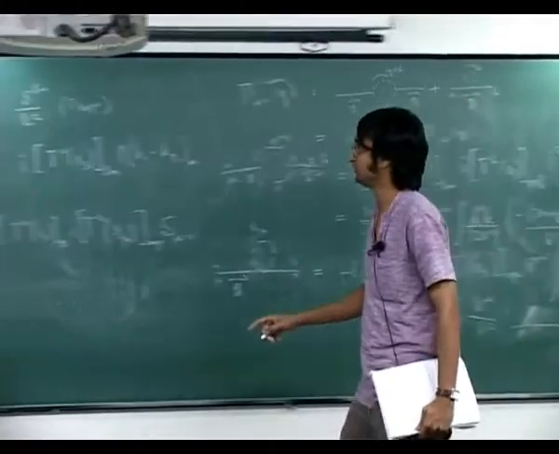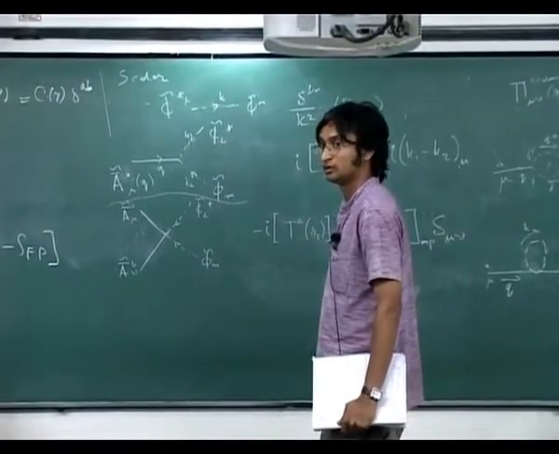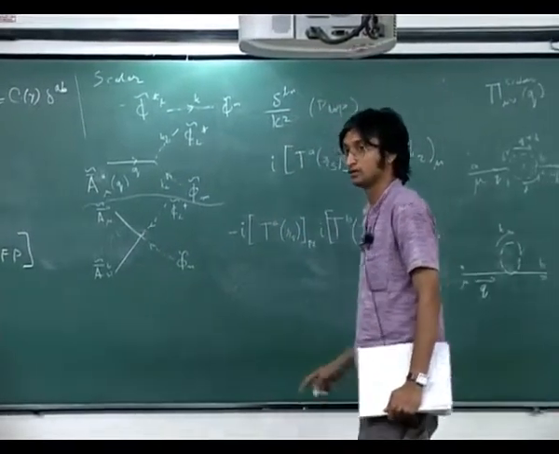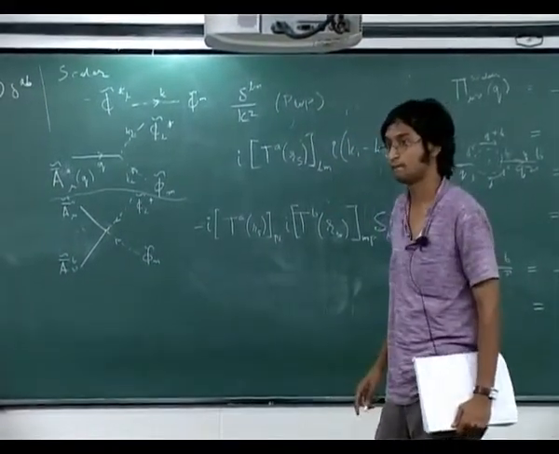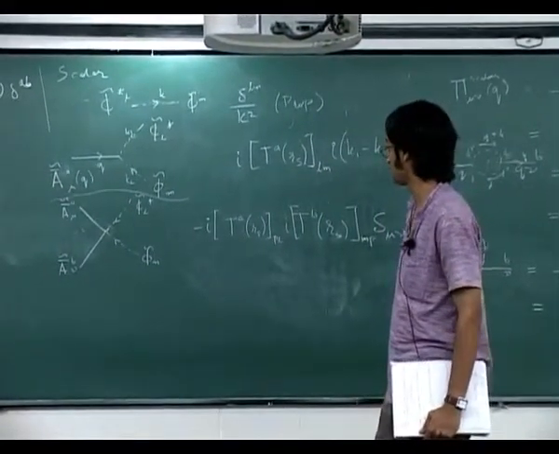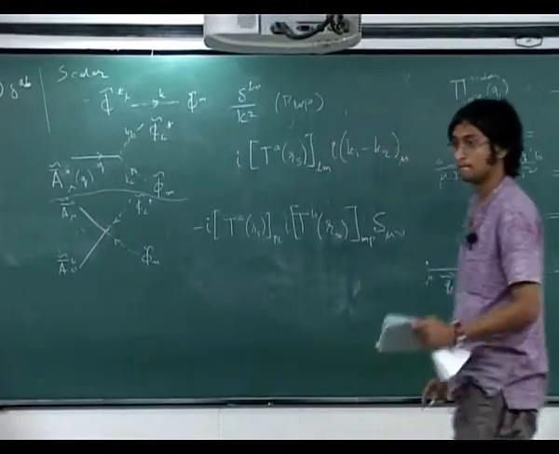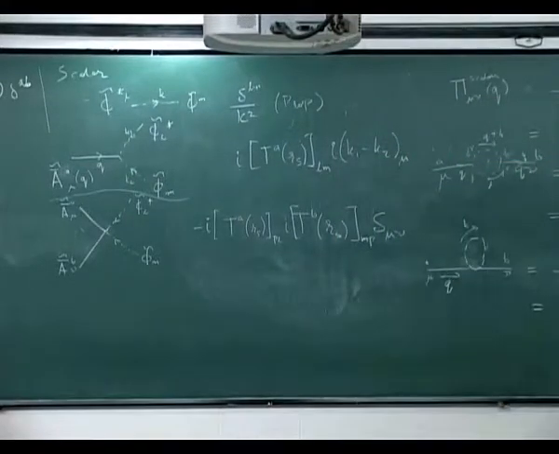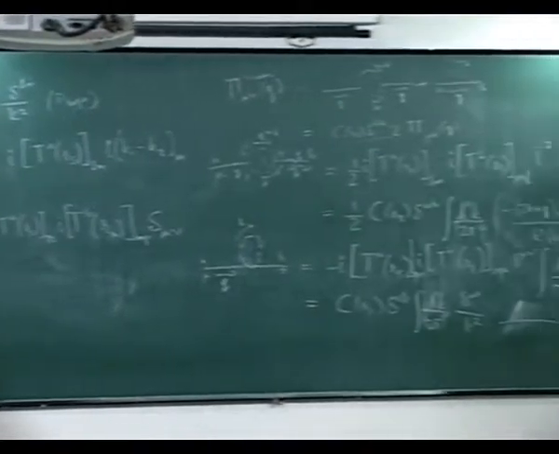Because of the minus S that you started with, that extra minus gives you an extra minus on this vertex, which I may not have written, but I have it in my notes. And that is what will give you the last diagram with the overall minus sign.